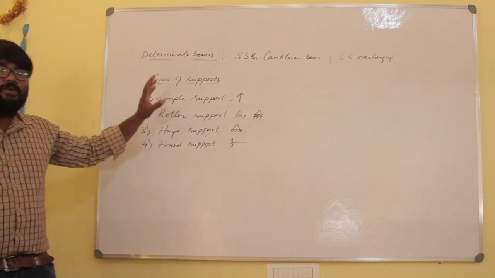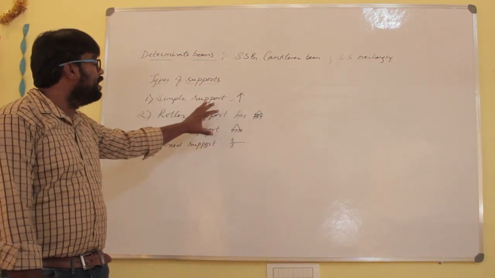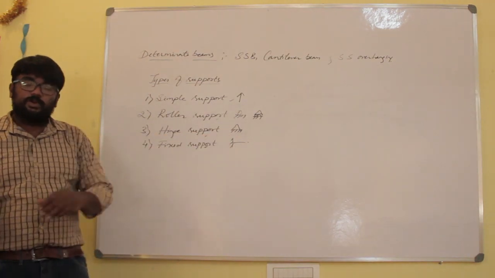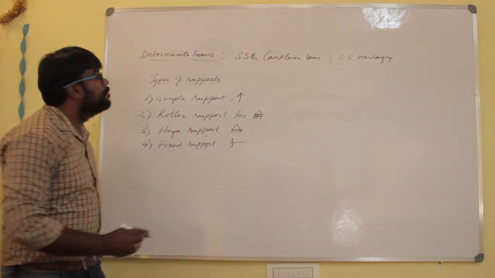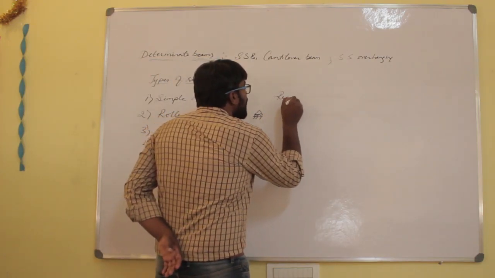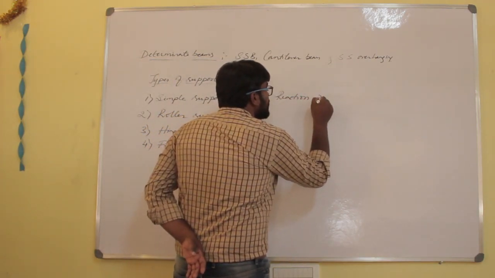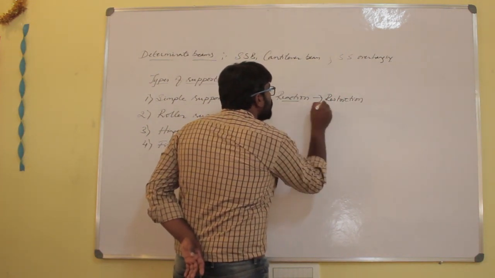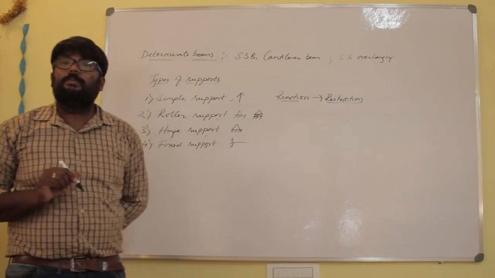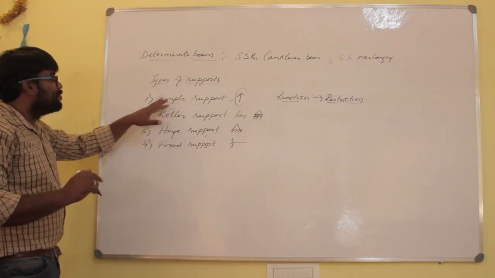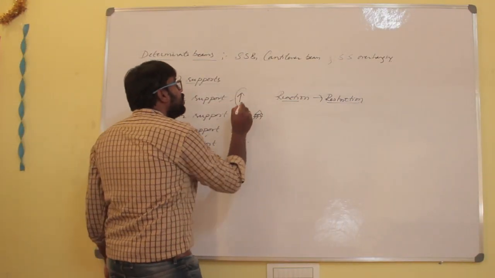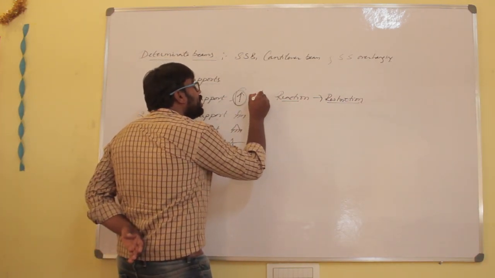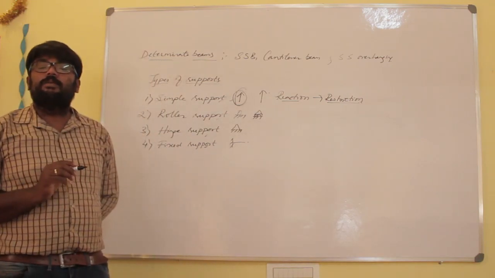First, you have to know how to represent the reactions when these types of supports come. What do we mean by reaction? Reaction means restriction. If there is a restriction for a movement, then only a reaction will develop. If you provide a simple support, it will restrict only the vertical movement.